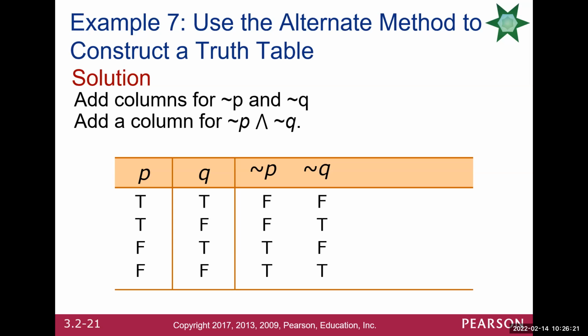Okay, so we have a column for the negation of P. And if you look, our P column goes TTFF. So the negation of that column is FFTT. And then the negation of our Q column, because it goes TFTF, it will be FTFT.